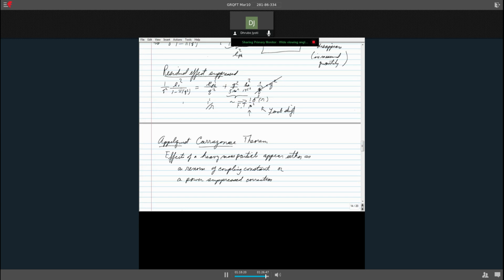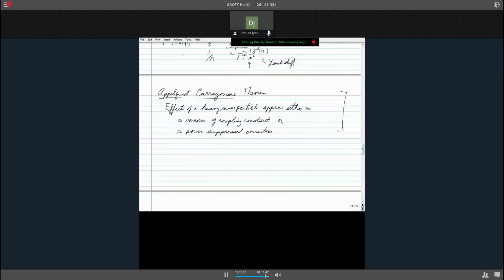This effect goes by the name of the Appelquist Carazzone theorem. I always forget how many Z's, N's, and R's there are in Carazzone, so don't trust my spelling.